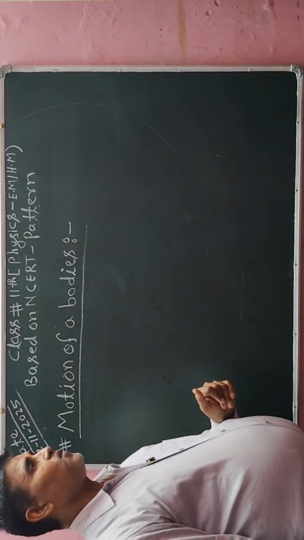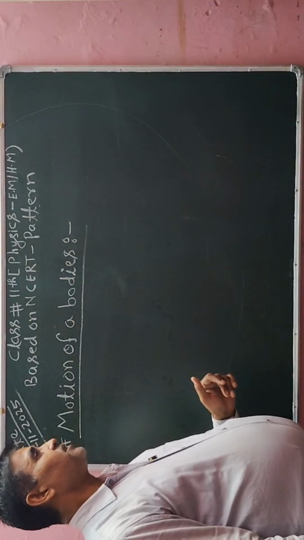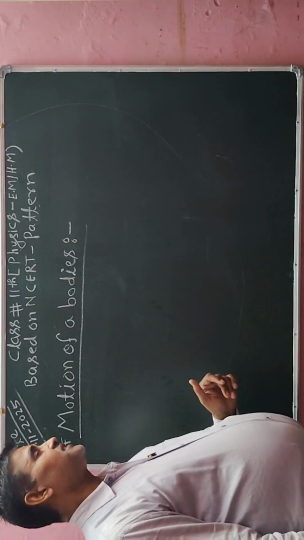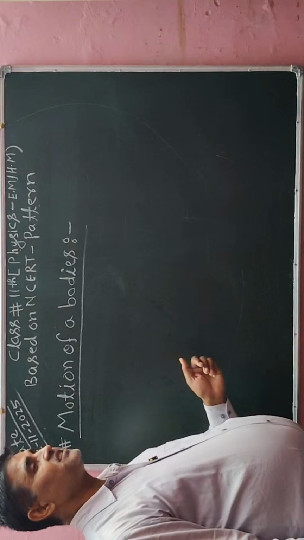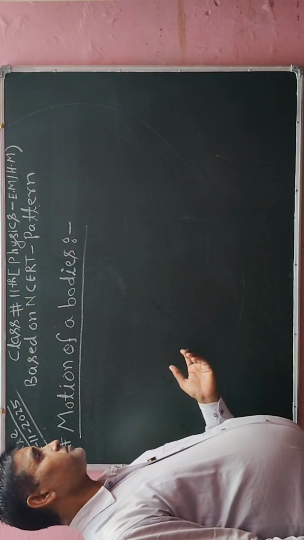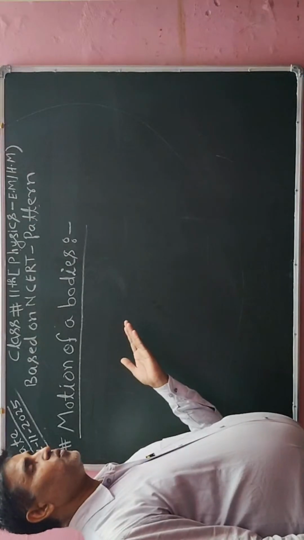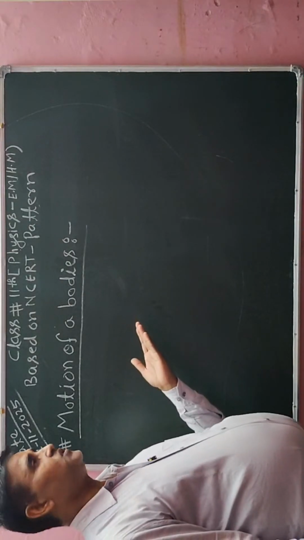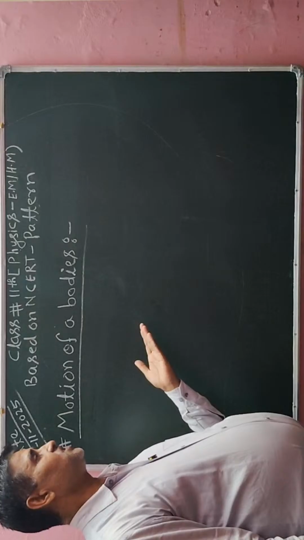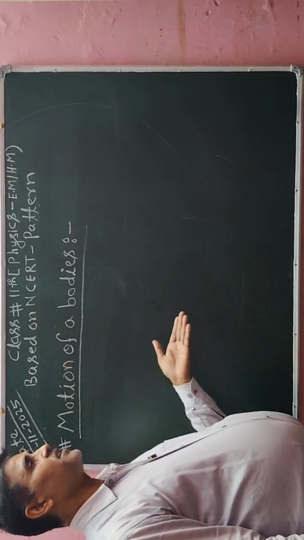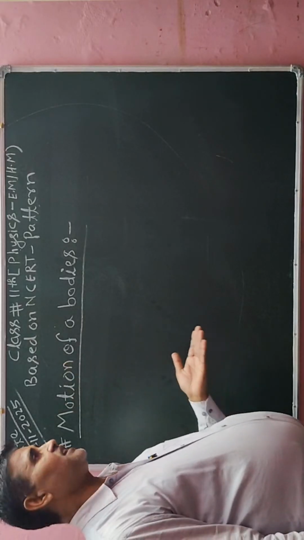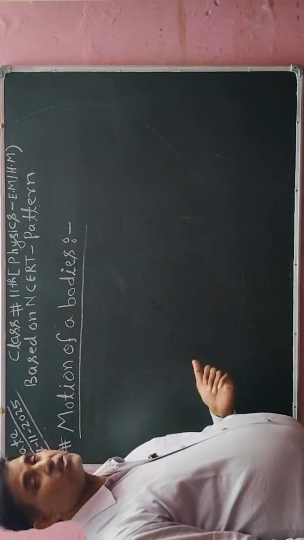So a body can move in three directions: along the horizontal axis, along the upward direction, where we can take an angle from 0 to 360 degrees, and also in the downward direction at any angle theta from the horizontal x-axis.